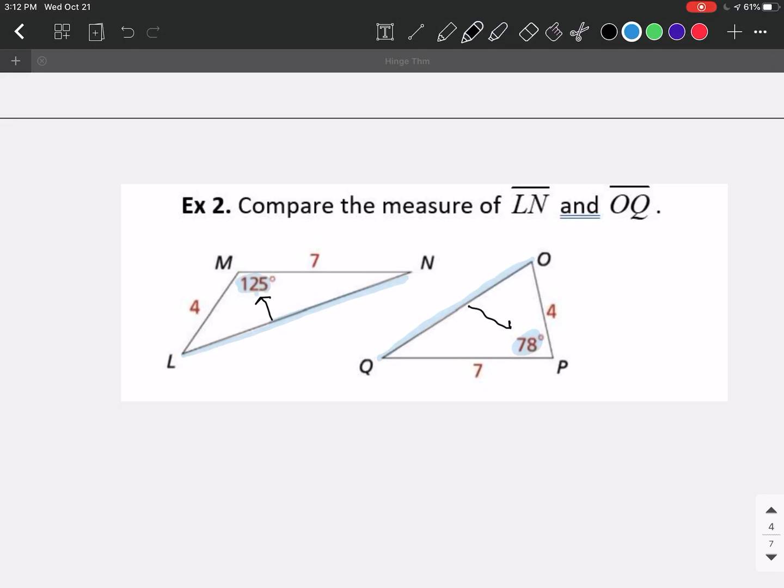OQ, my angle is 78. So hopefully, again, we know that 125 is greater than 78. So that means that LN will be greater than OQ.